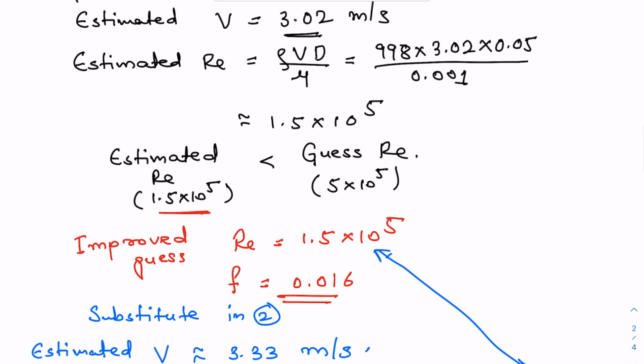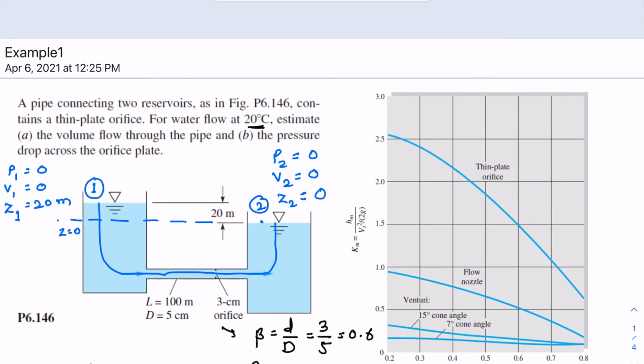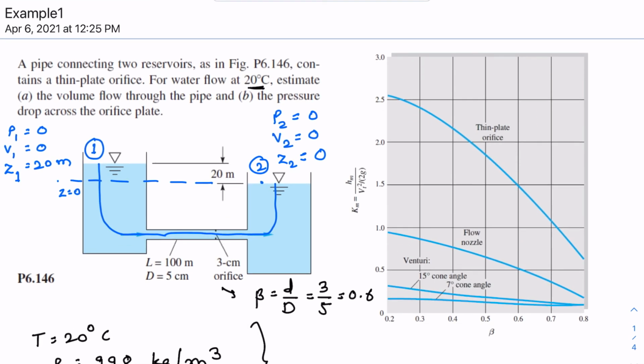Yeah, so just a recap of how we approached this problem. In this problem we are given there is an orifice but there are no pressure drop taps, so we don't know the pressure drop across the orifice, and we are also asked the volumetric flow rate.